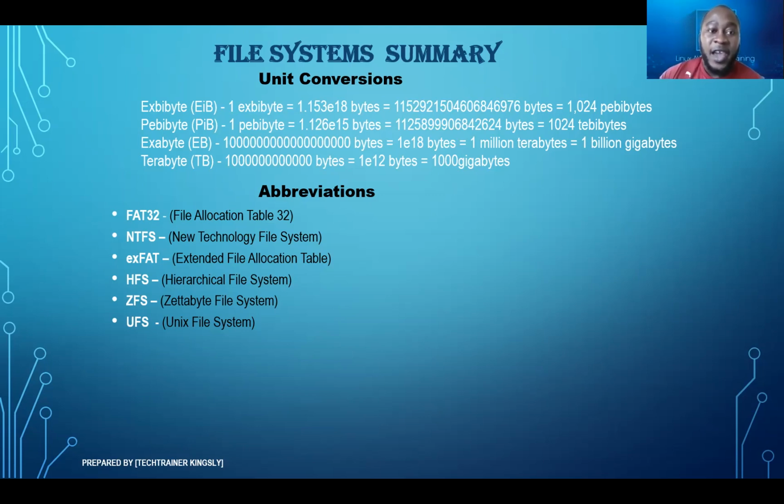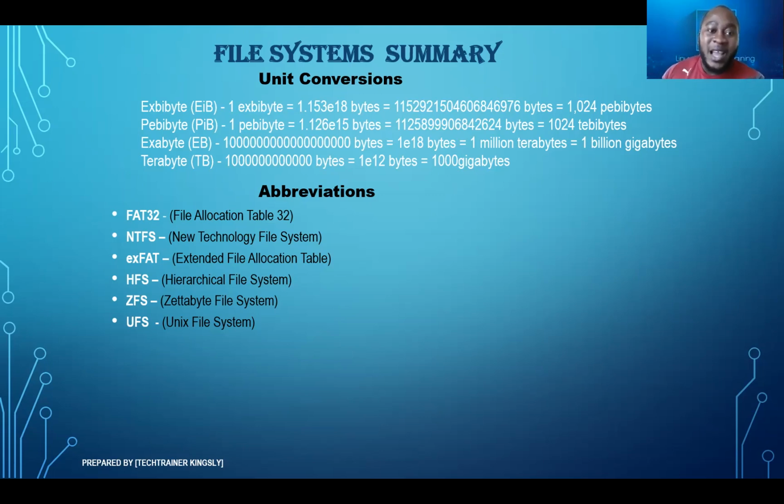And 8 bits make a byte. If 8 bits make a byte, you can do the math to work out what 1 bit comes to. But a bit is the smallest storage unit, and 8 bits together make a byte.